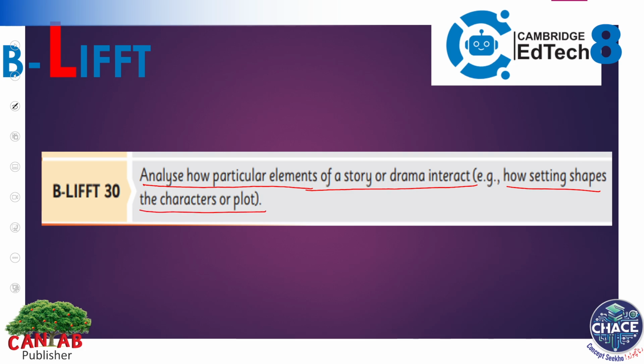This belief can be applied on reading and writing as well, but particularly at this time, we are applying this during reading. Analyze how particular elements of a story or drama interact, how they are used interactively, connectively, how setting shapes the characters or plot. What are the characters, what is plot, and what is setting? This is what we are going to know about.